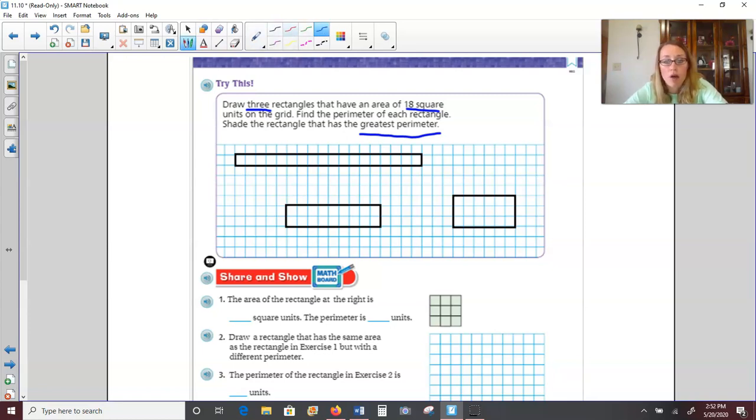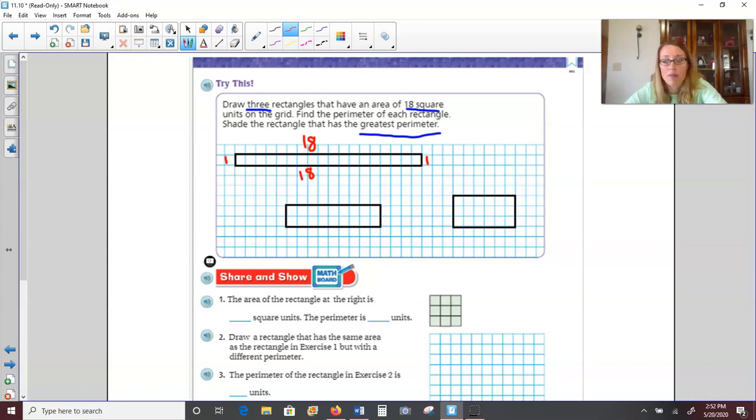All right, so let's find the perimeter. We know that they all have an area of 18. The first one's going to have a very big perimeter, I think, because look how long 2 of those sides are. I went 18 meters, I guess units. We don't know if they're meters, but anyways, 18 across the top and 18 on the bottom. The sides are short, but because the sides are only 1 unit, it makes the top and bottom very, very long.